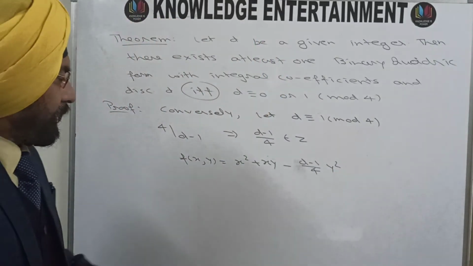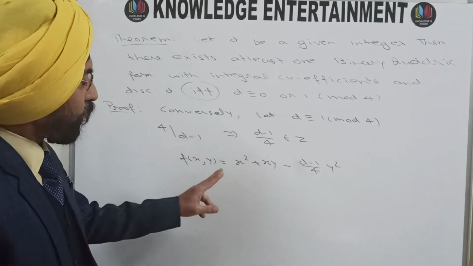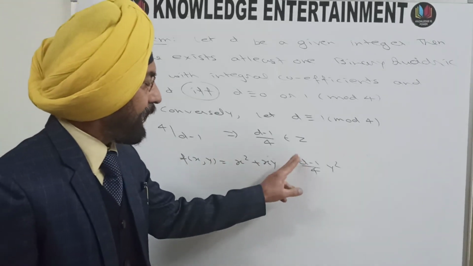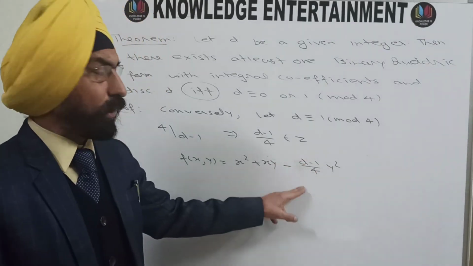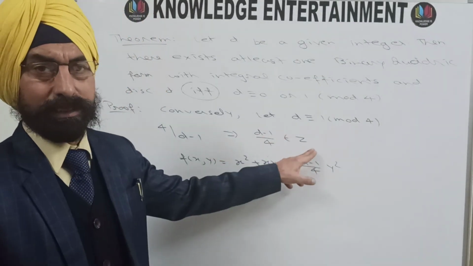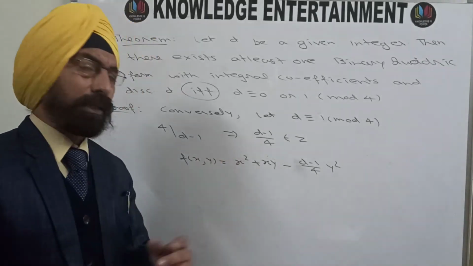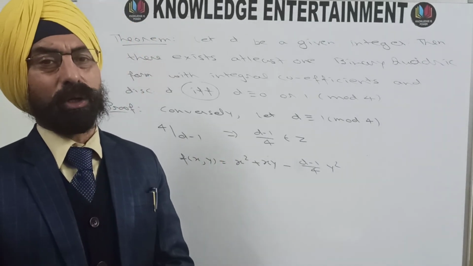Once again, it is a binary quadratic form with integral coefficients. One coefficient is an integer, another is an integer, and −(D − 1)/4 is also an integer because (D − 1)/4 is an integer. You can check very easily that the discriminant of this binary quadratic form is D.